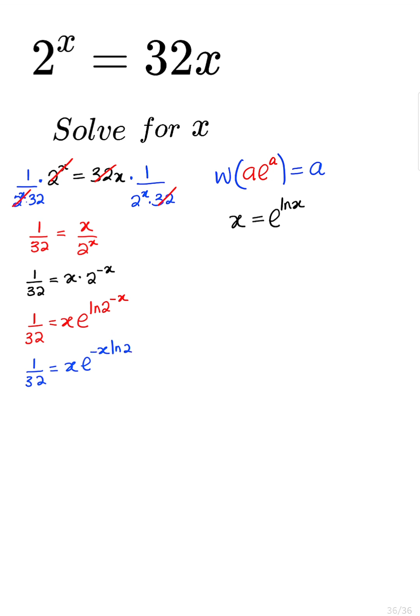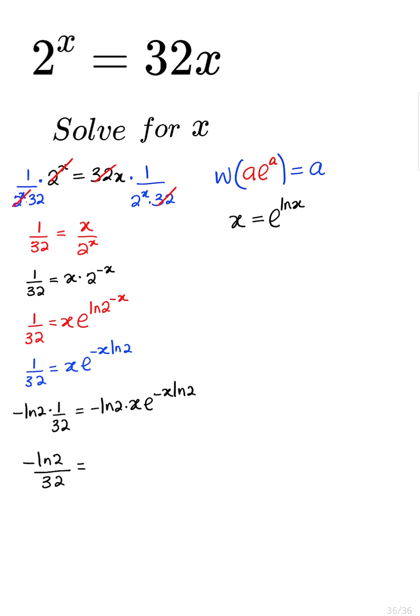So let's multiply both sides of the equation by negative ln 2. That gives us negative ln 2 times 1 over 32 equals negative ln 2 times x times e raised to negative x ln 2, which we can also write as negative ln 2 all over 32.